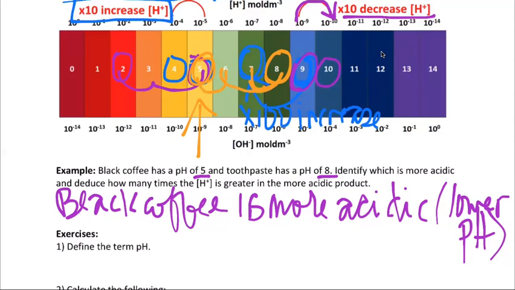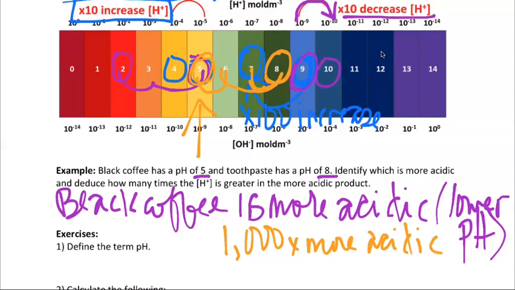So how many times more acidic is the black coffee than the toothpaste? 1,000? Yep. It's 1,000 times more acidic because they are 3 units of pH apart from each other, and that scale is tenfold for the hydrogen ion concentration.